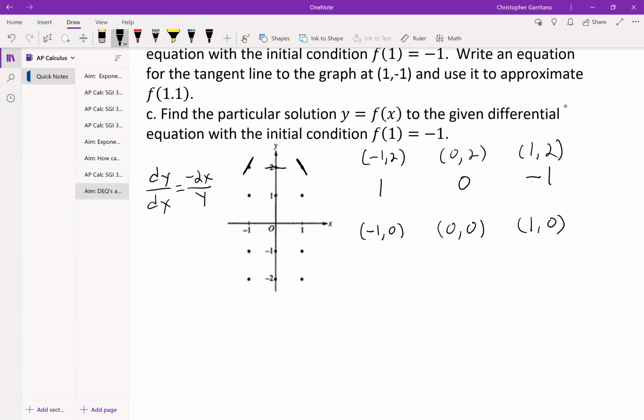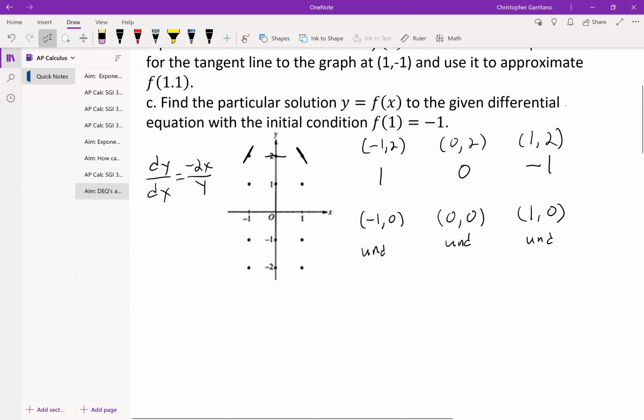So actually, dy/dx is undefined for all 3 of these points. Now when we're referring to an undefined slope, what does that mean graphically? What does that slope look like? Well, an undefined slope is the slope of a vertical line.